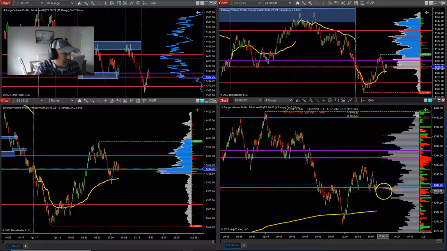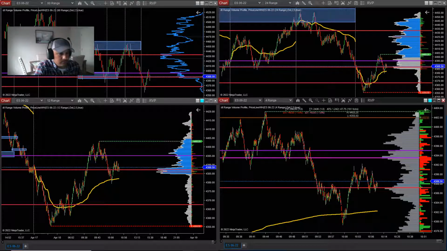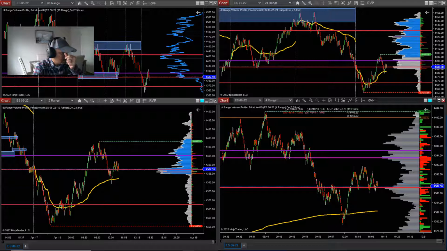Just move it sideways. Move it sideways.